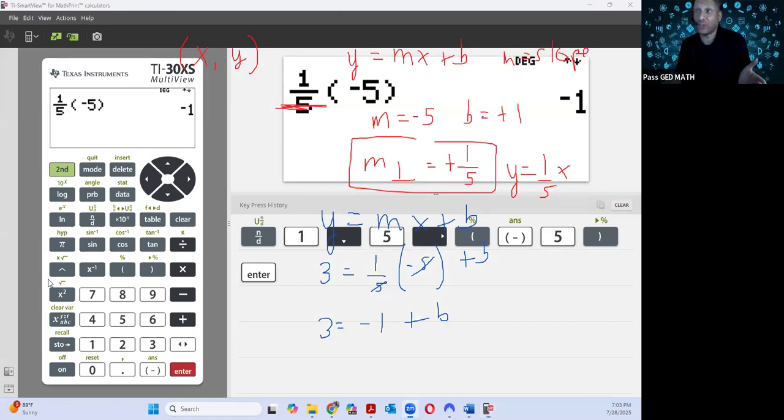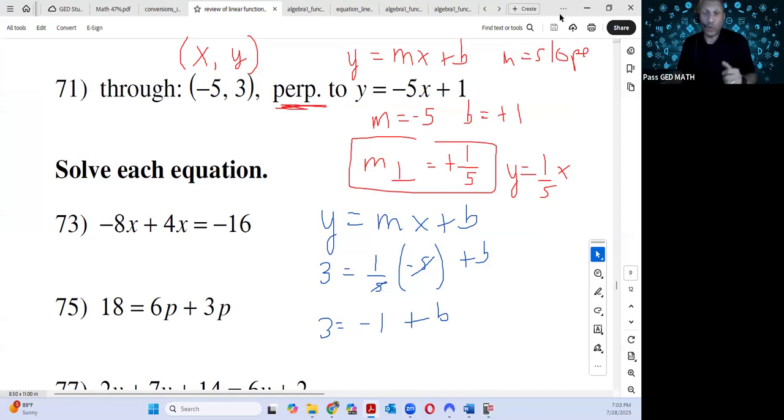The only time you can't use your calculator is on the first 5. You practice for this GED with scrap paper, formula sheet, calculator, every single time you sit down. So b is not by itself. How do I get rid of -1?